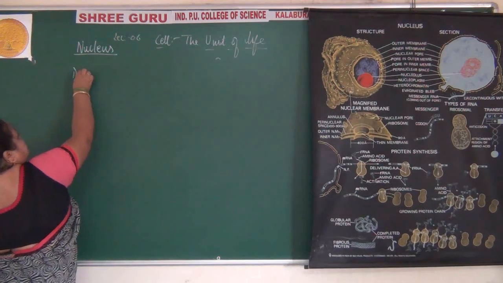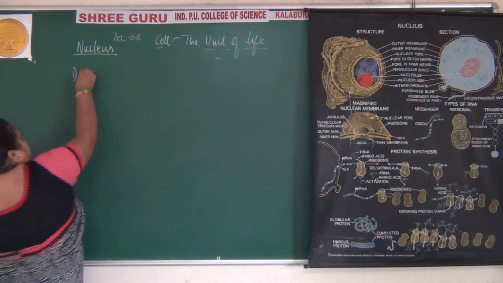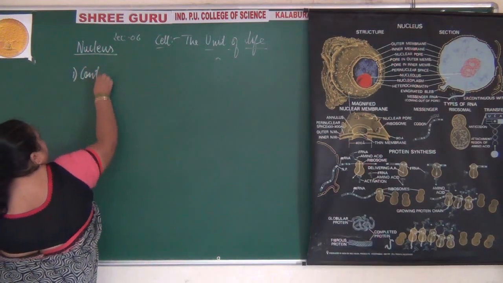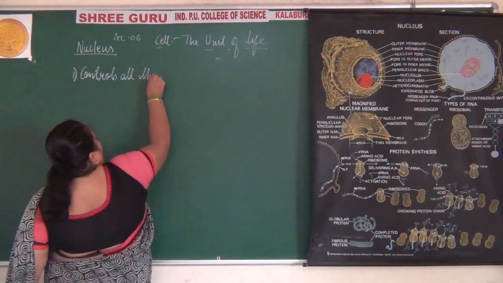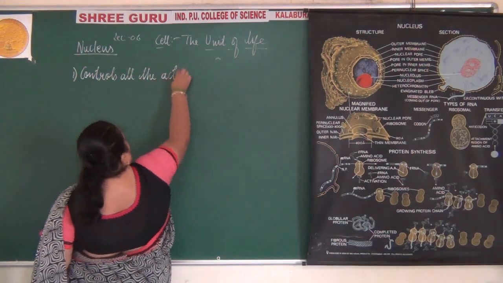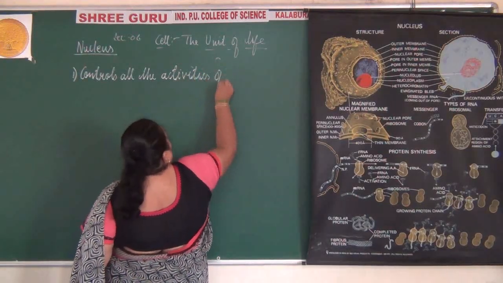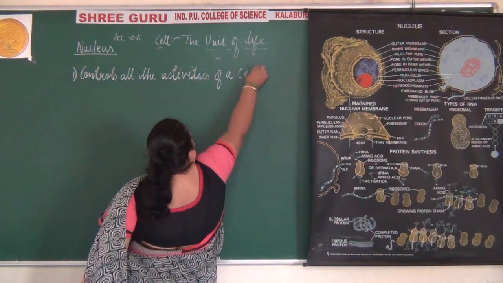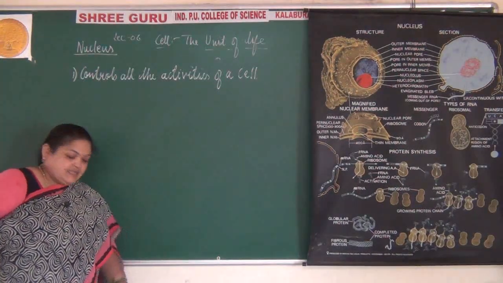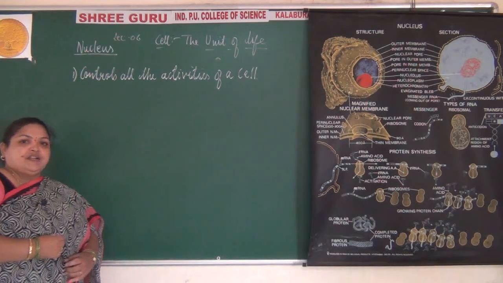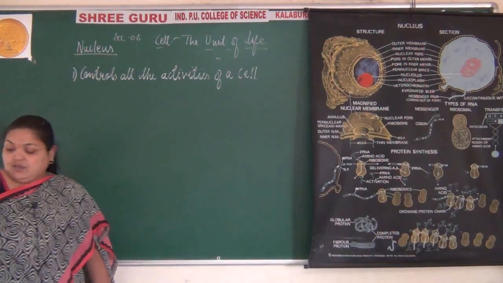It is the controlling center of the cell. It controls all the activities of the cell. The nucleus is the controlling center of the cell. It is controlling all the activities of the cells.